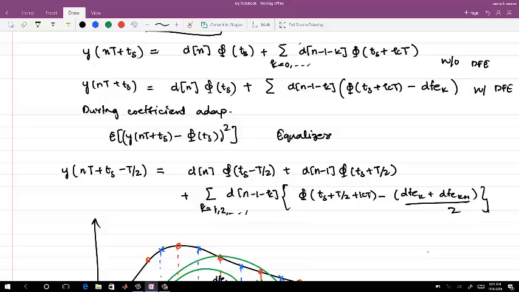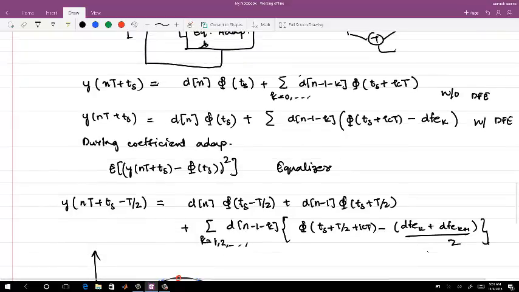In a steady state, whatever sampling point you choose for the equalizer, the coefficients for that sampling point should also be enforced by the clock recovery loop. So that's why I wrote this. The edge information is true for the clock recovery. Right now I'm not considering the mean square error at the edge. I'm only considering the mean of the error at the edge, and that should go to 0.